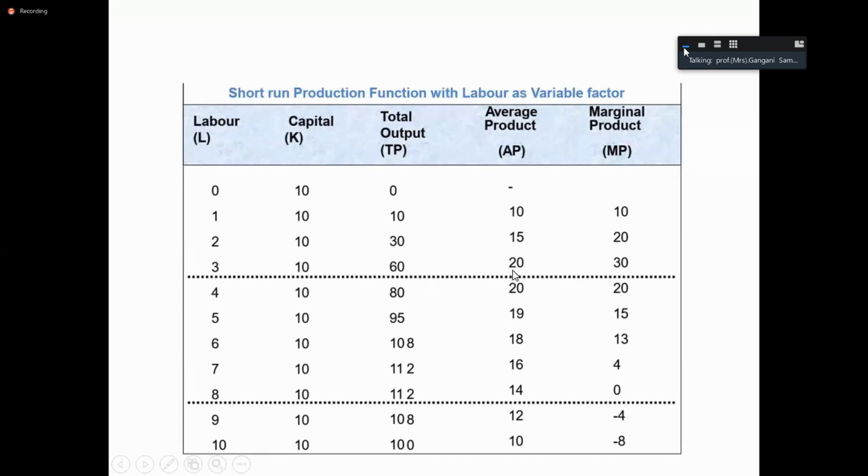Average product only we are seeing. Okay. So here you can see 80 divided by 4 units. Here 20. So accordingly, I think all clear. That's why I told it takes only 5 minutes. So average values.